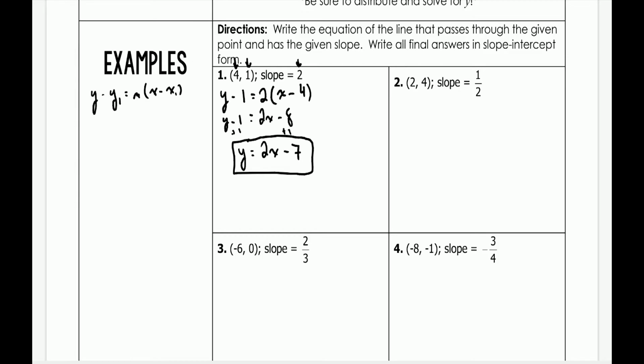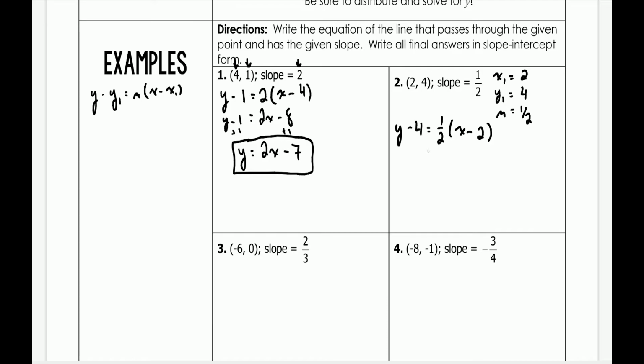Let's take a look at number 2. Again, we have the point 2, 4, and the slope is 1/2. So in other words, x1 is equal to 2, y1 is equal to 4, and m is equal to 1/2. Okay, using our formula, we have y minus y1 is equal to m times x minus x1.